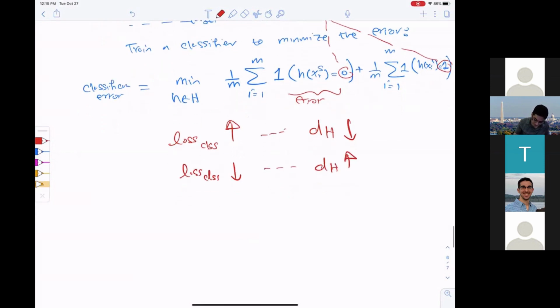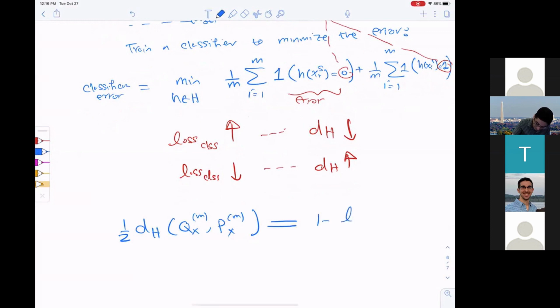But interestingly, there is a clear connection between the classification loss and the H divergence. In fact, half of my H divergence, half because in the definition we had a 2, is equal to 1 minus my classification loss.